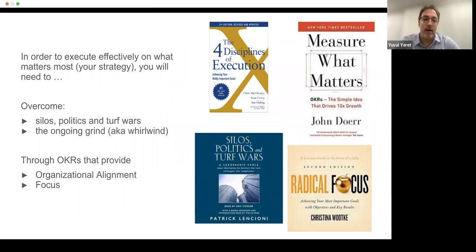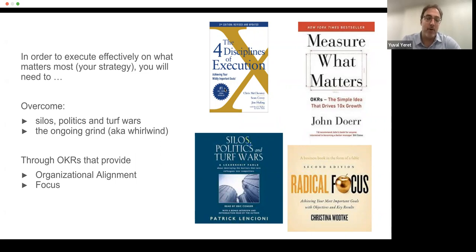So what are OKRs? If you look at what most people are familiar with in the world of OKRs, most people read Measure What Matters, or watch a talk around Measure What Matters that John Doerr wrote, that introduces OKRs as they were used in Intel and then in Google.